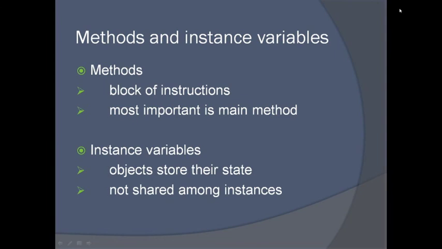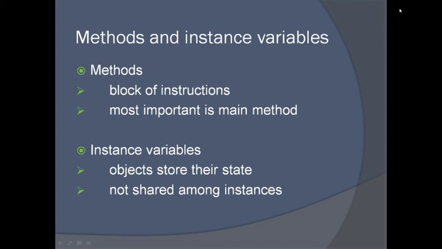Then come the method and instance variables. A method is a certain block of instructions which are grouped together to perform a specific task. There can be multiple methods in a single program. The most important method in Java programming is the main method, since when a program is executed, the control of the program first gets to the main method, and from the main method it is directed according to the program needs.